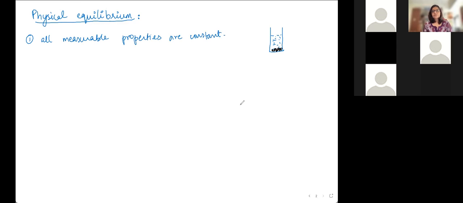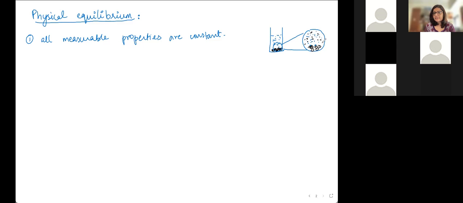What is happening in reality, if I just zoom into this, is that there are sugar particles and there is water all around them, because you literally put the sugar in water, and there are sugar particles in water that have dissolved.